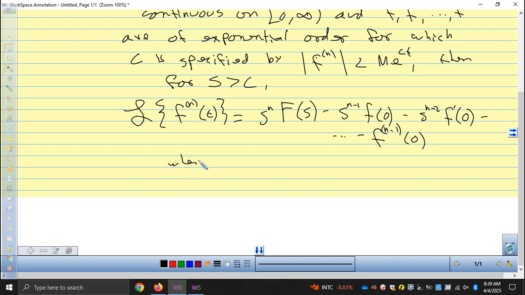Where F of s is the Laplace transform of f.